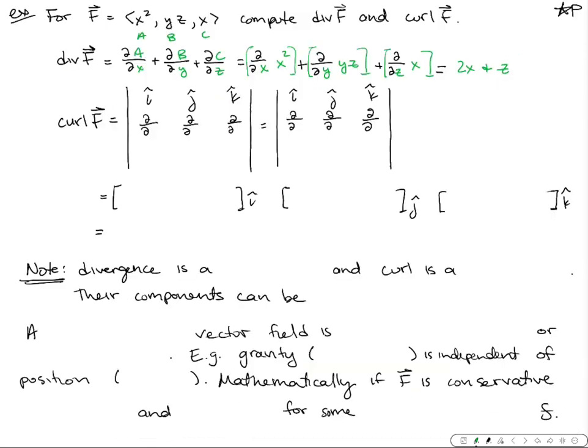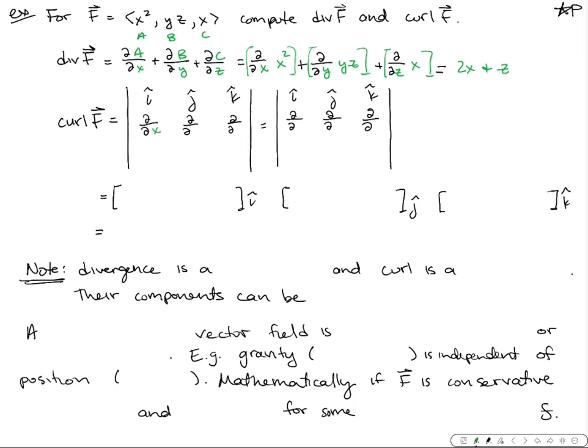But I'm going to show working it out the determinant way because that's something that some people are comfortable with. So when you do the determinant cross product, I know it's been a while, but we put i hat, j hat, k hat in the top row, and then entries of the first vector in the middle and the last vector down below. So the del operator is our middle vector.